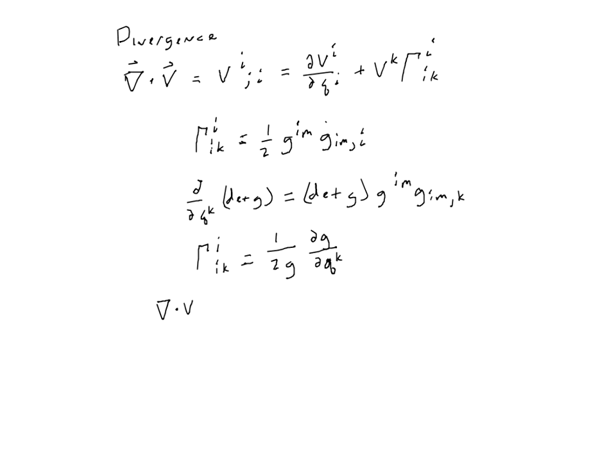And so your divergence is just equal to VI semicolon I, which is equal to 1 over the square root of the determinant of the metric times the derivative of the square root of the determinant of the metric times VK.